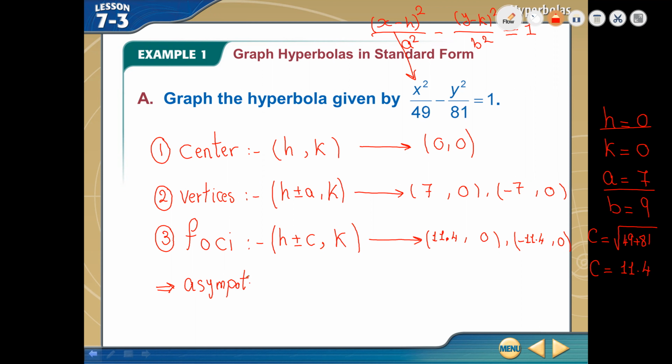Y minus K equals positive or negative B over A, because we have a horizontal hyperbola.